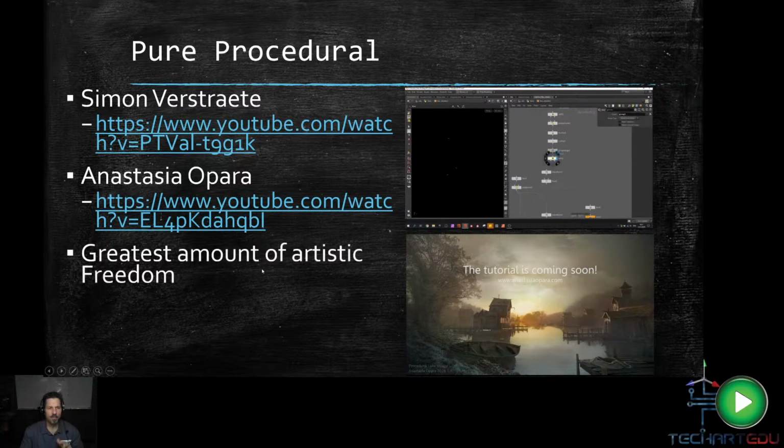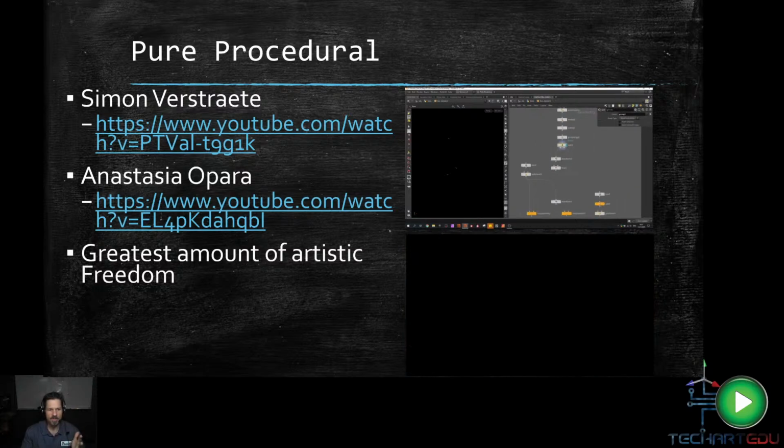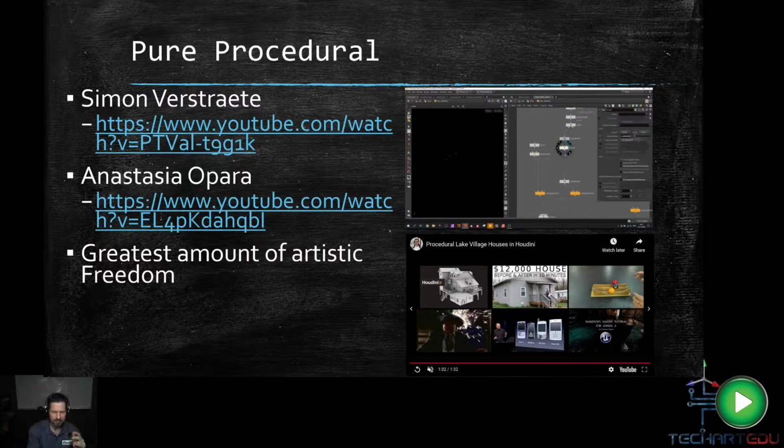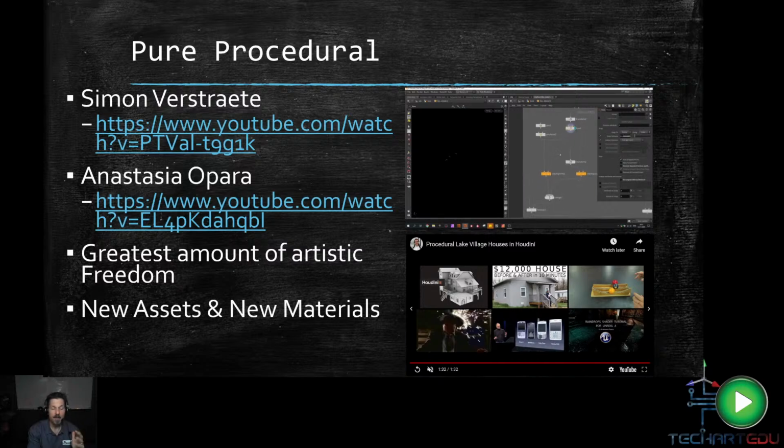Okay, now when you go purely procedural, you also have the greatest amount of artistic freedom. You have the greatest amount of control, and you can have the greatest amount of change. But the problem is that you're going to have to generate all new assets and all new materials.